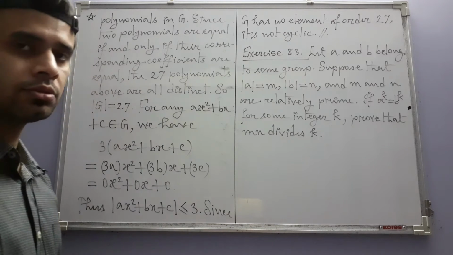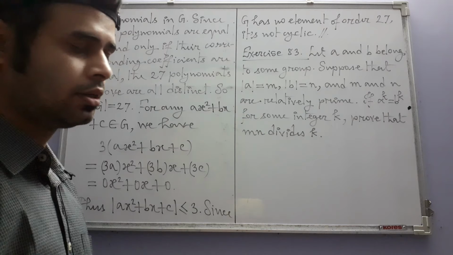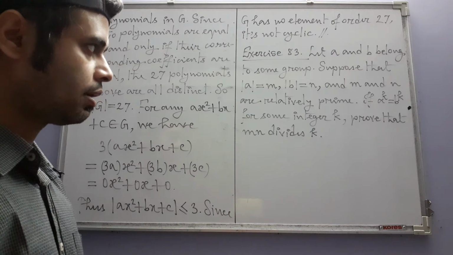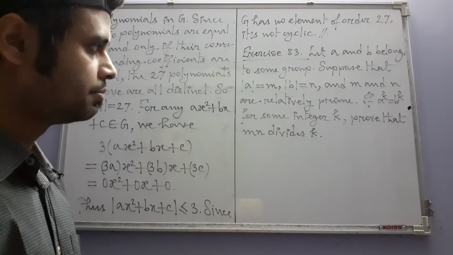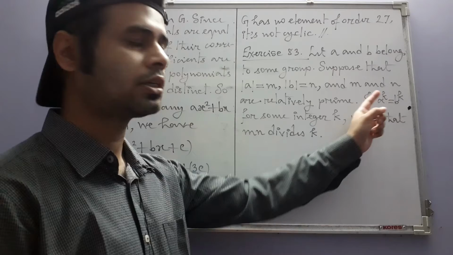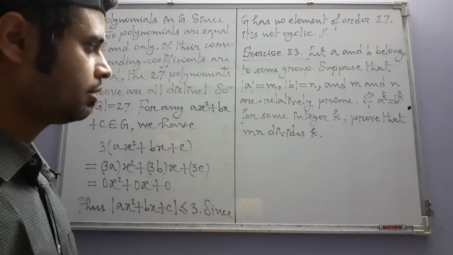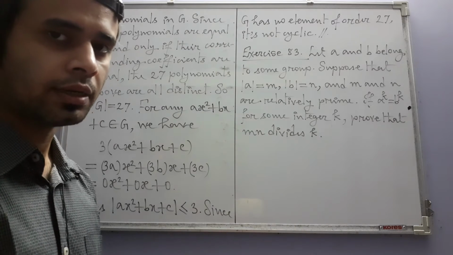So A and B are given to be group elements whose orders are M and N respectively, and it is given that M and N are relatively prime, that is their greatest common divisor is 1. Additionally, it's given that their kth powers are equal for some integer k. Then we have to prove that MN divides k.